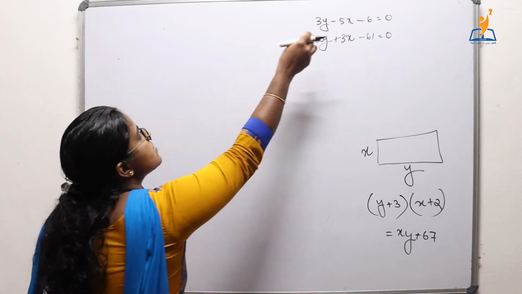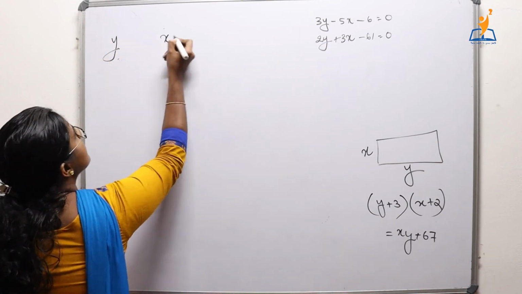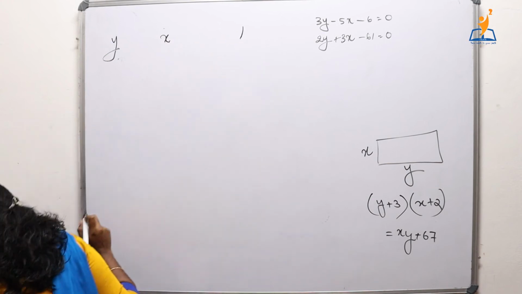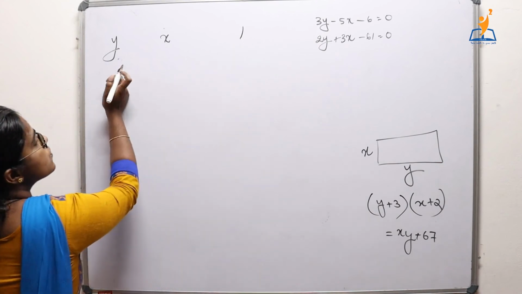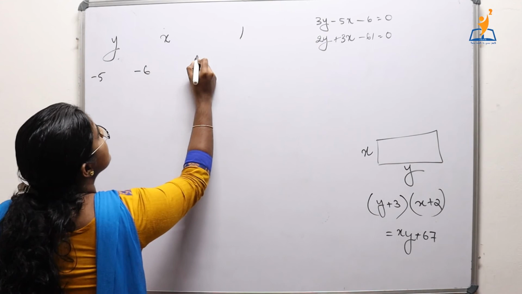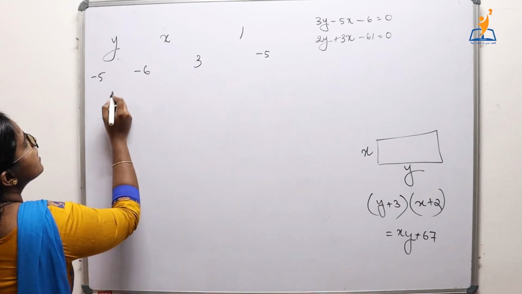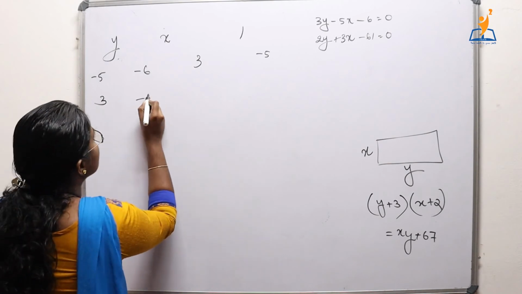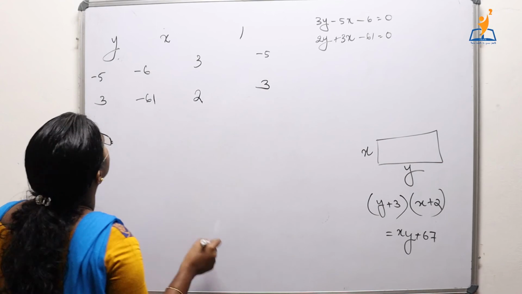Here the first variable is y, so we will write y first. Second variable is x. Now the constant. So we will start with b1, that is minus 5, again minus 6, 3 and minus 5. Now again 3, minus 61, 2 and 3.